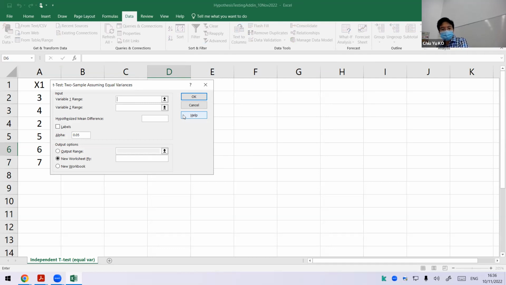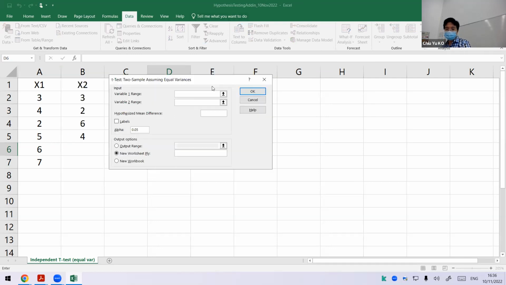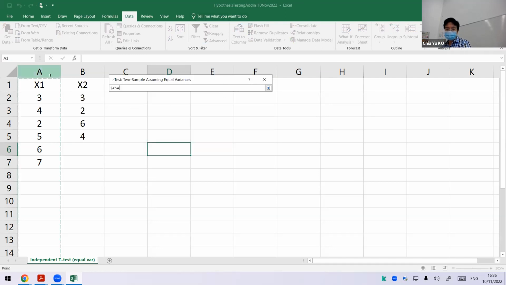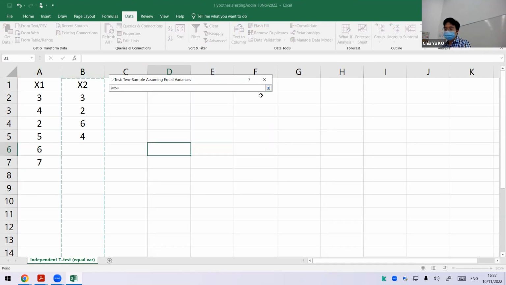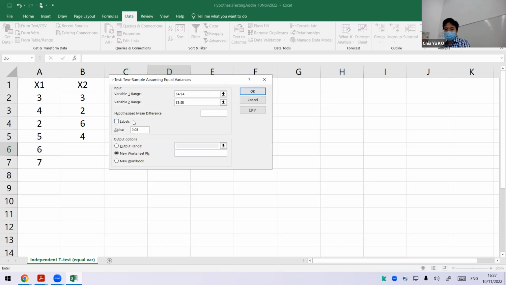You can see variable 1 and variable 2. Basically you input the first one, the first column, or just highlight the first 7 cells. I'll keep it simple, just add the whole column there and the whole column there. The hypothesized difference is 0 because that is usually what we do. We test the difference.